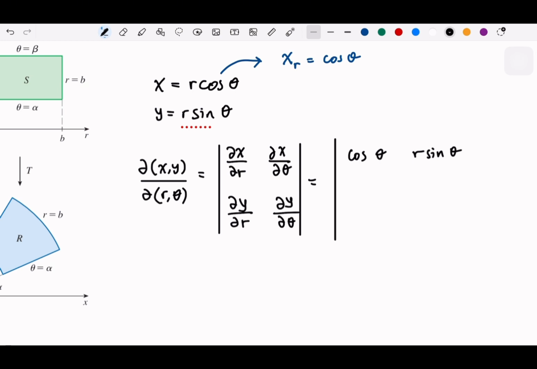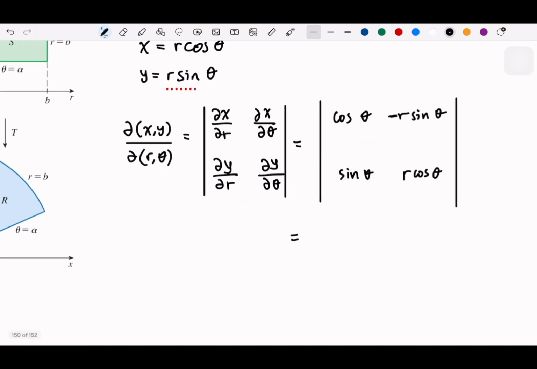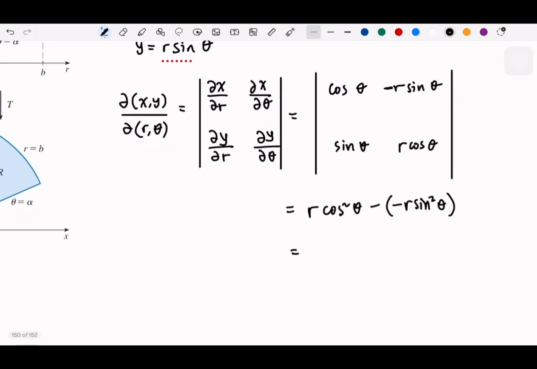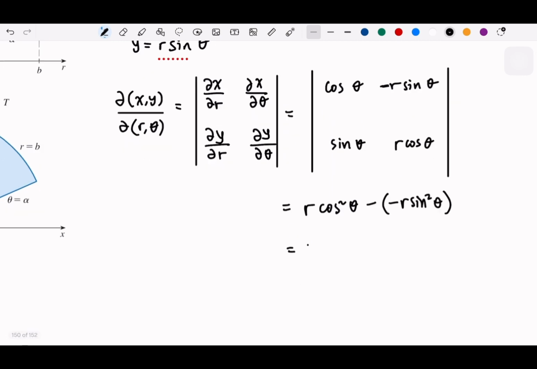And then for y, we take the same: sine theta, and then r cosine theta. And then take the value, cross multiply. We have r cosine squared theta plus r sine squared theta, which is r times cosine squared theta plus sine squared theta, which is equal to r.